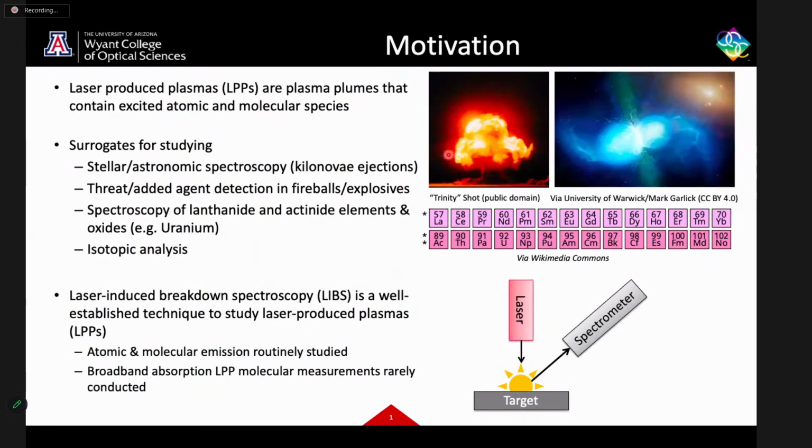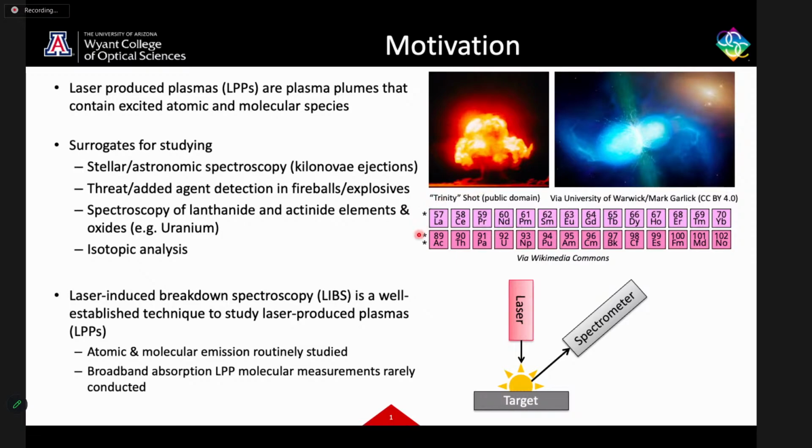I'd like to first start this talk with the initial motivation as to why one would want to study a laser-produced plasma. These are small-scale environments that still contain highly excited atomic and molecular species that can be useful surrogates for studying larger phenomena that can't necessarily be reproduced in an optics lab.